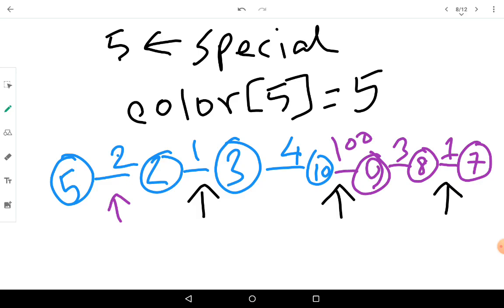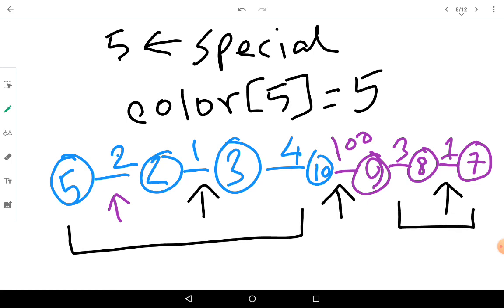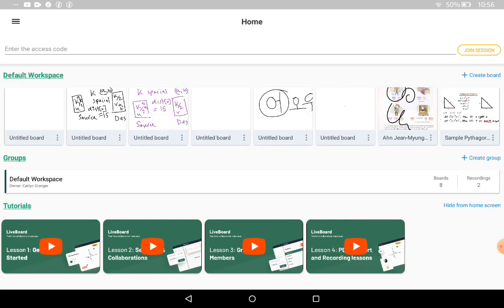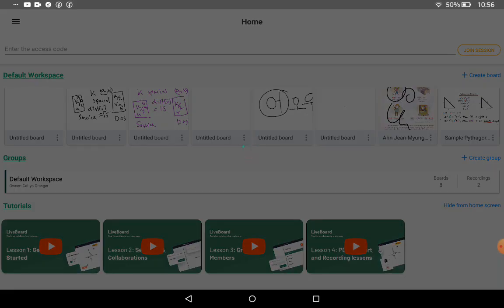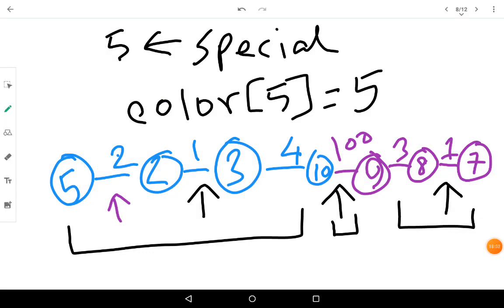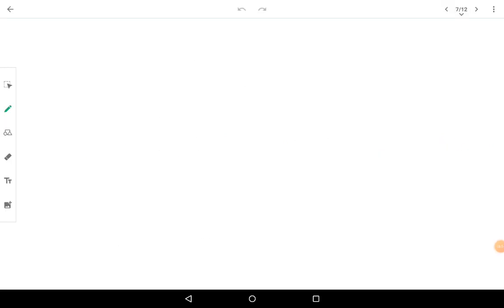Now we can think of it like this. The shortest path from 5 to 7 can be decomposed into 3 components. One component is this part, one component is this part, and the other component is the single edge that has different colors on the endpoints. So what I'm trying to say is, maybe we can find our edge UV where U has a different color and V has a different color.